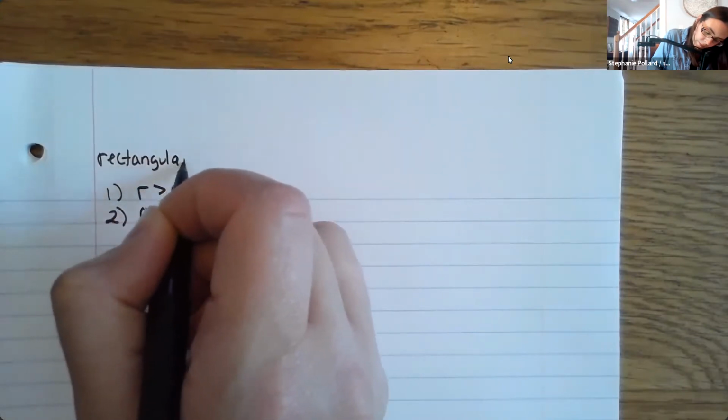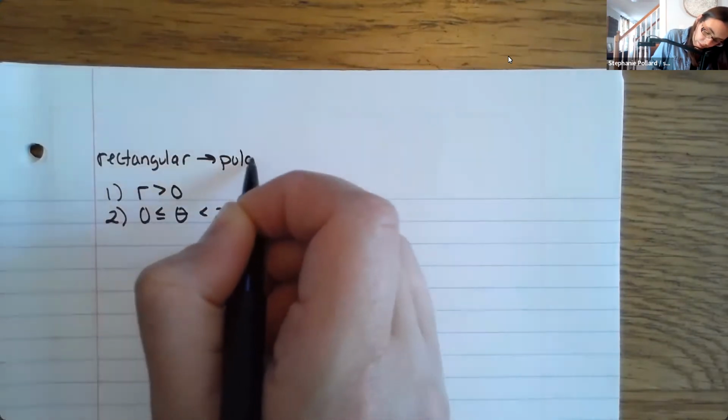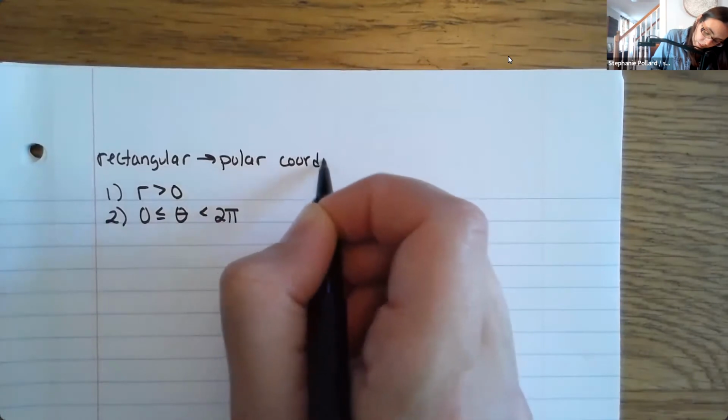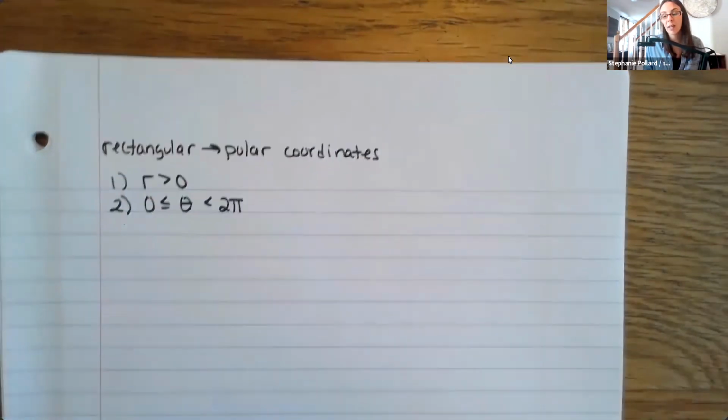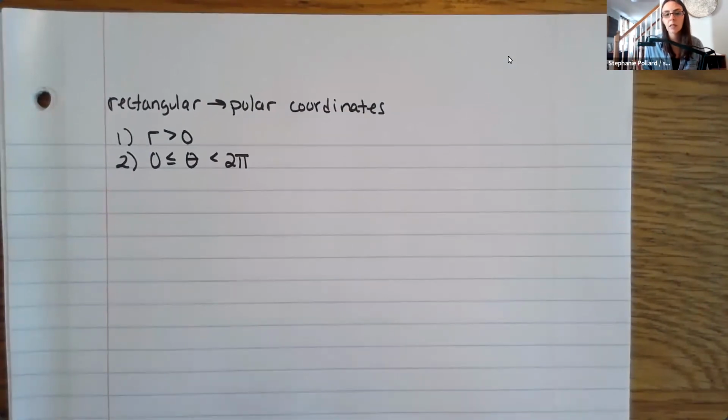So when we go from rectangular coordinates, we're going to use the following. Again, because you can get more than one representation, as we've already seen. So for our initial representation, we're going to keep the r positive, and we're going to keep our angle between 0 and 2 pi. And of course, you can always tweak afterwards if you need to.